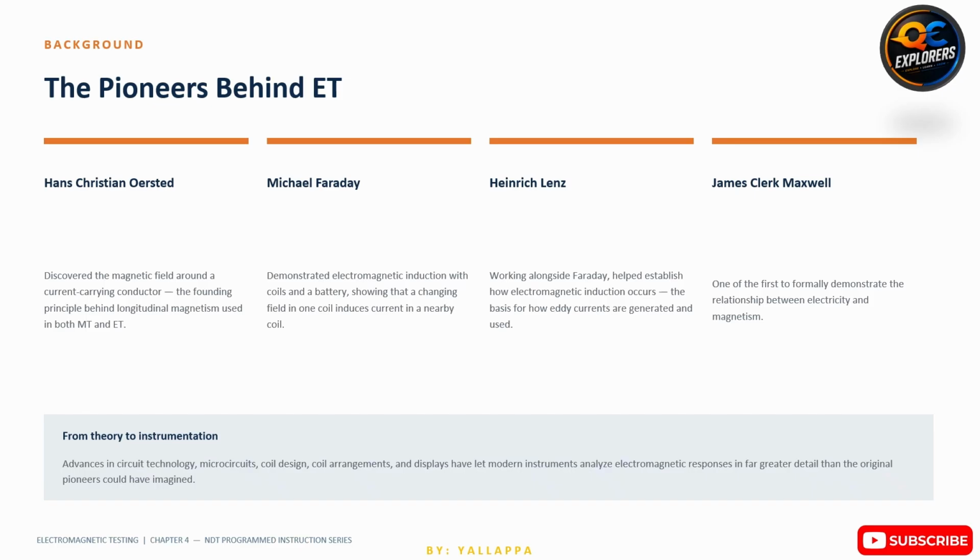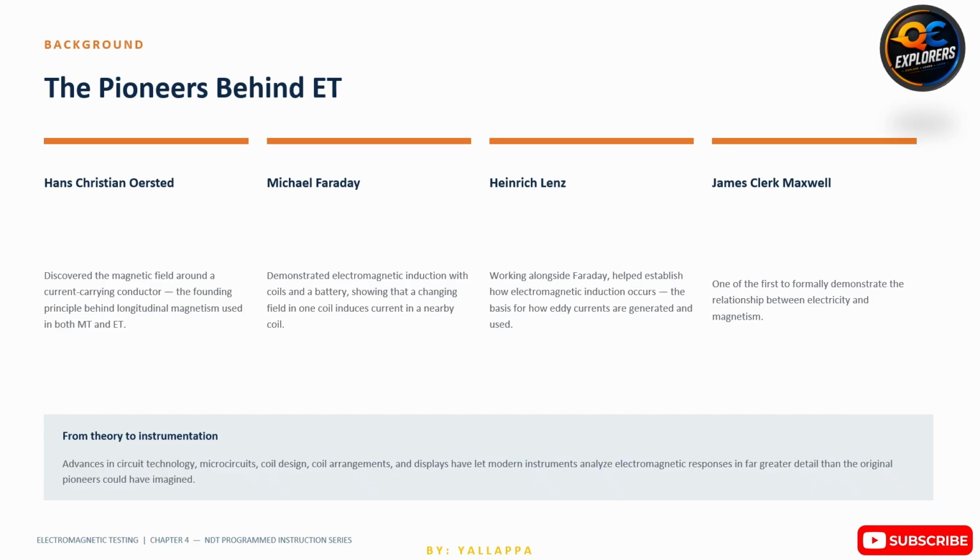The final section of the slide emphasizes that while these scientific principles have remained unchanged, inspection technology has advanced dramatically. Improvements in electronics, microprocessors, probe design, digital signal processing, and software now allow inspectors to detect extremely small discontinuities with greater speed and accuracy than ever before.